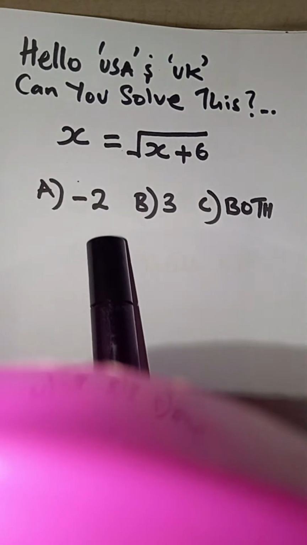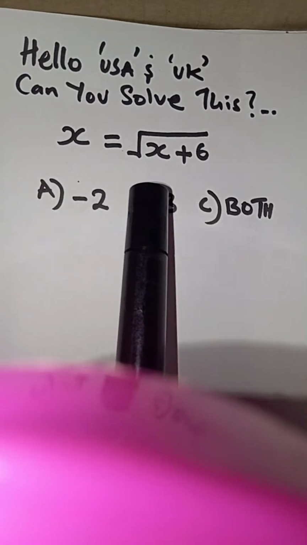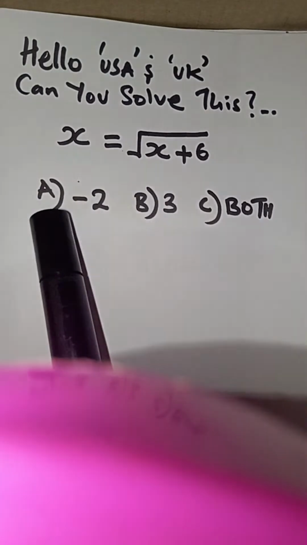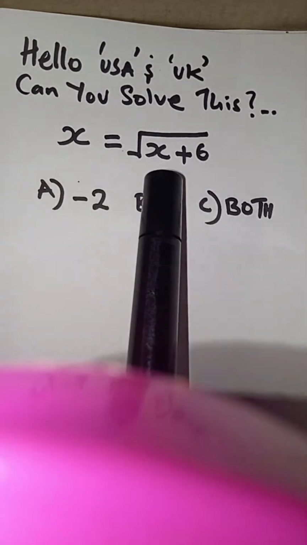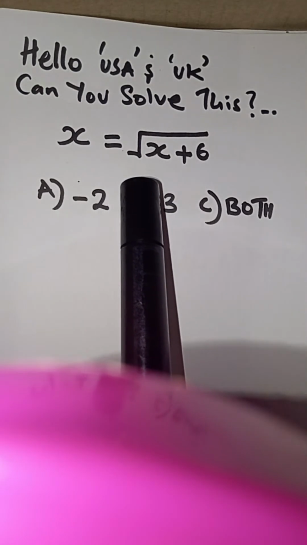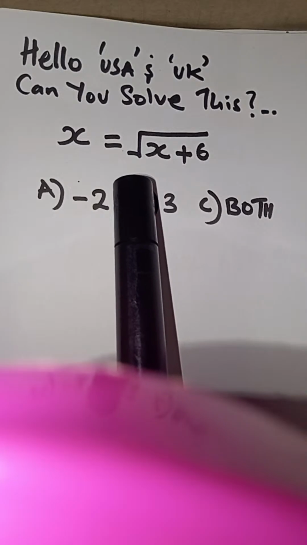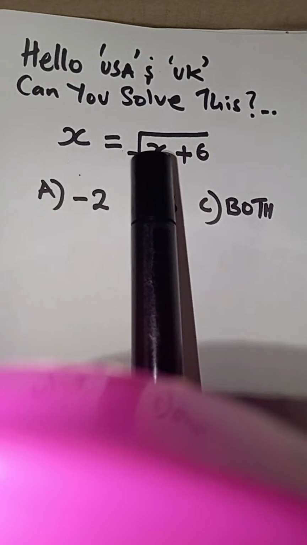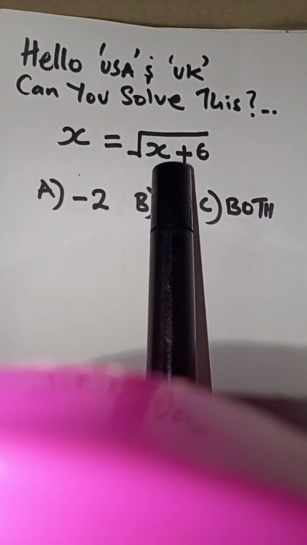And here we are told to solve for the value of x in this particular, it's called a disappearing math challenge, where we are told that x is equal to the square root of x plus 6.